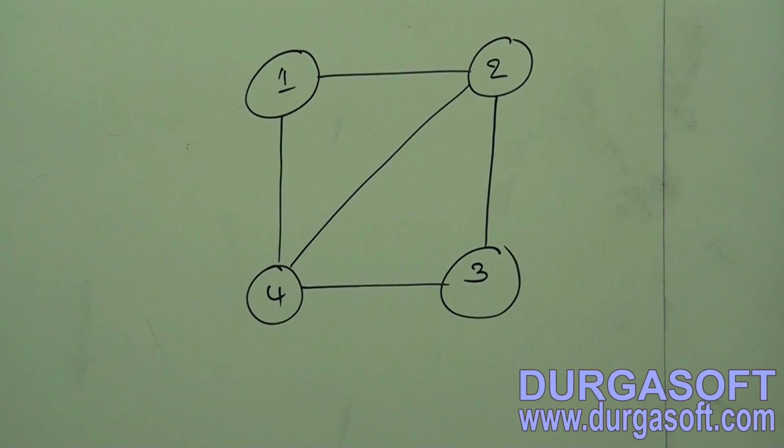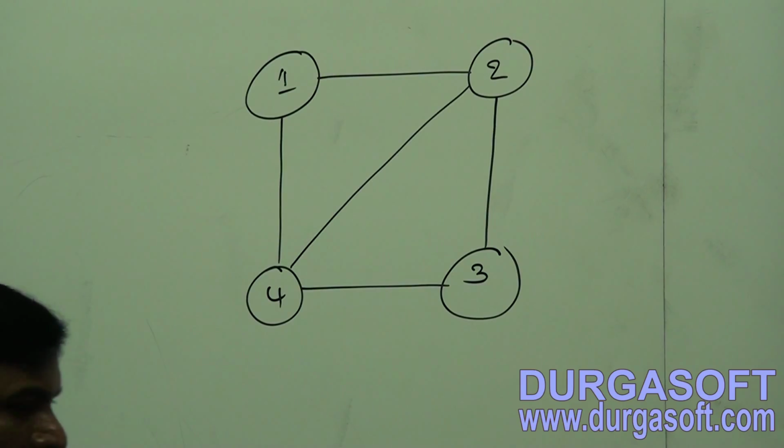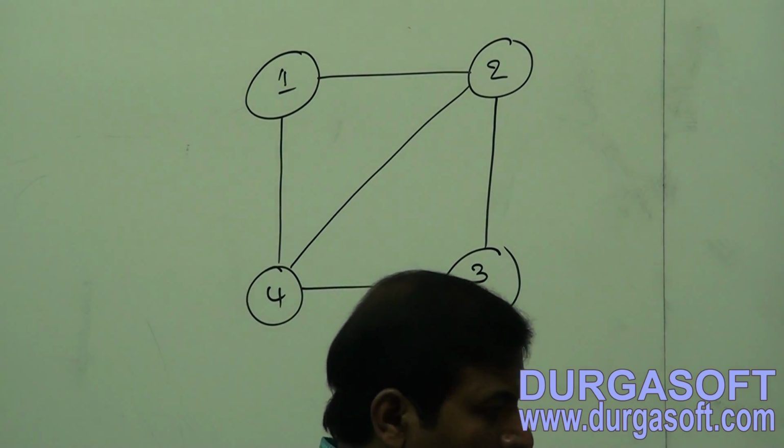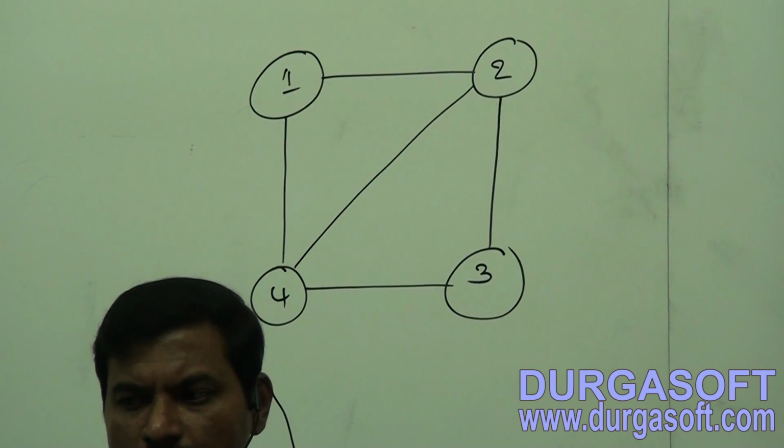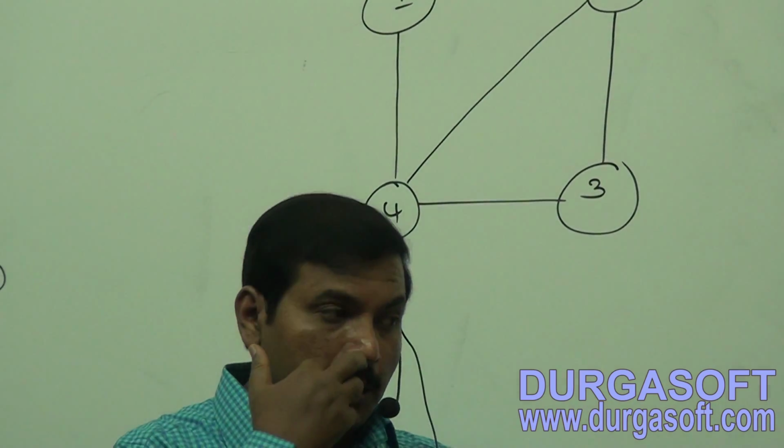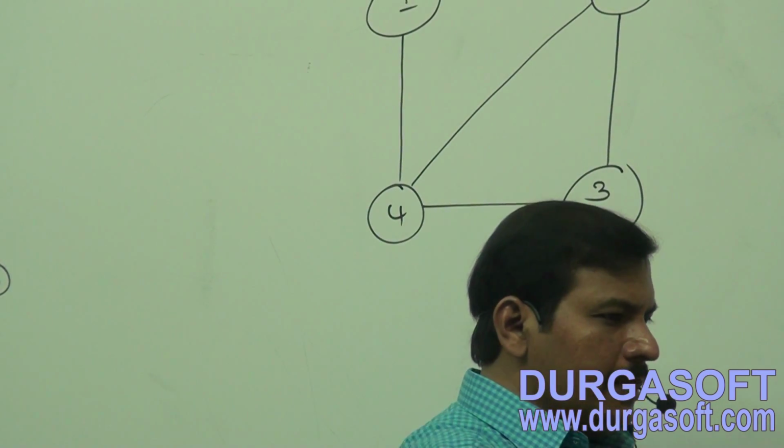Graphs are highly useful in finding shortest paths. There are some graph algorithms which are useful to find shortest paths, as well as to find optimum solutions for some problems.